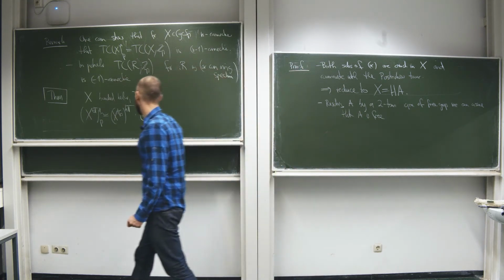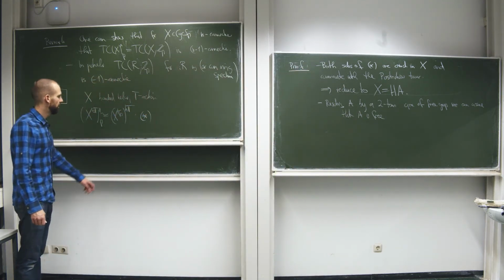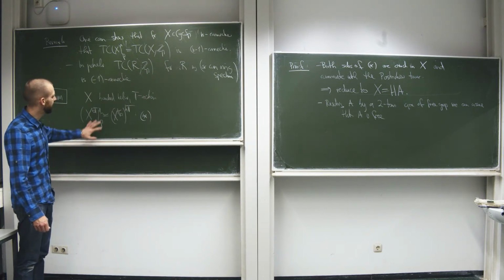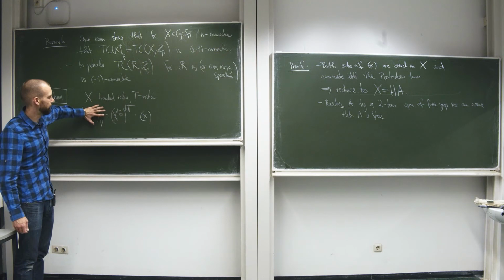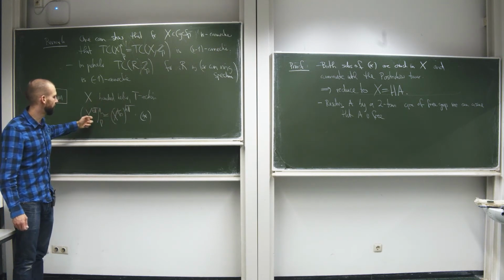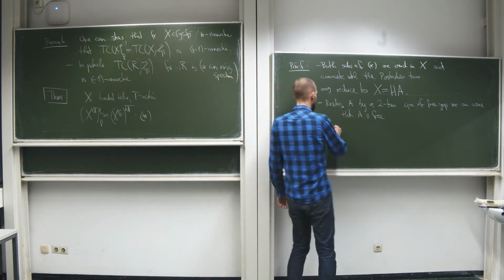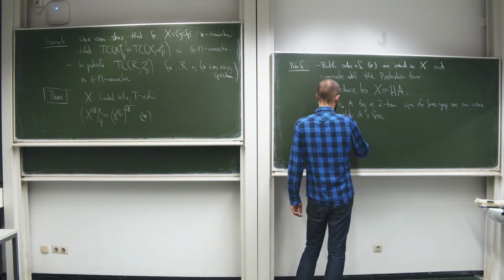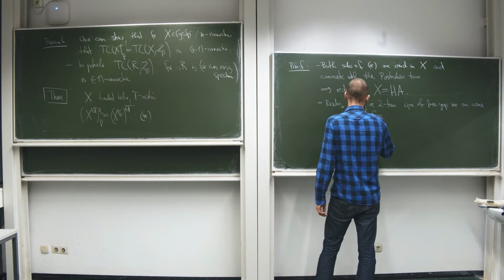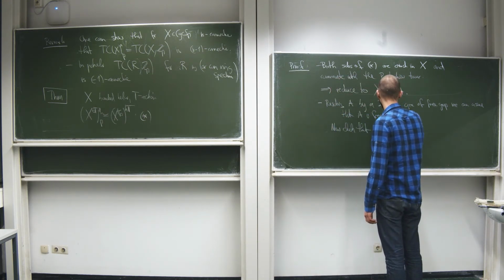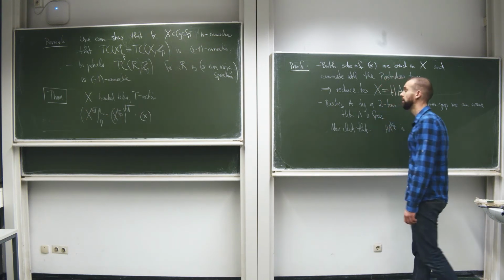So in my initial statement of that claim, I stated that the right-hand side is p-complete because it is the p-completion of the left-hand side. So first thing is now check that X HA Tate CP is actually p-torsion.